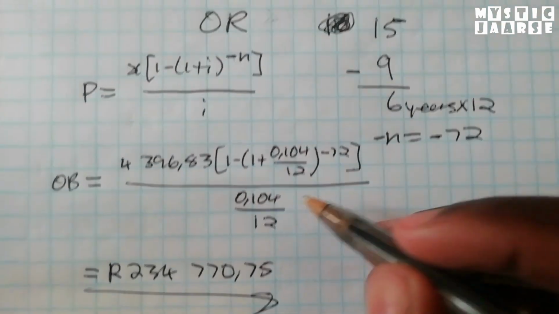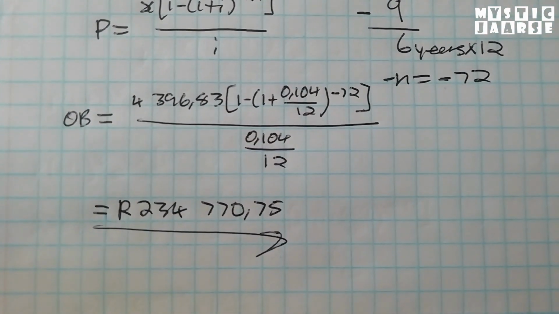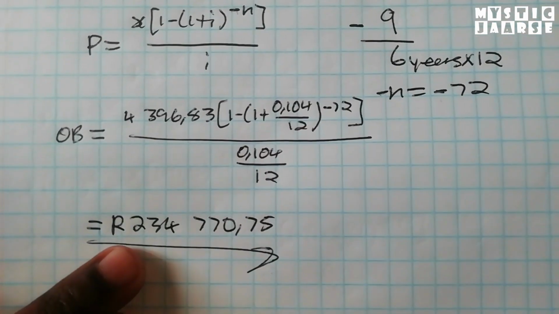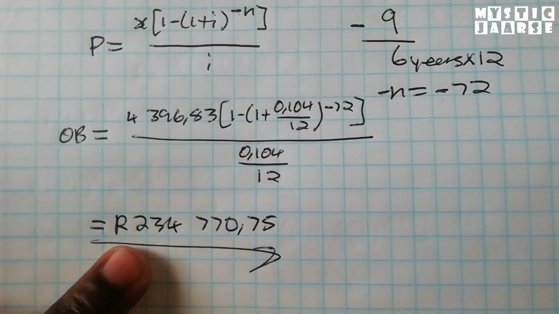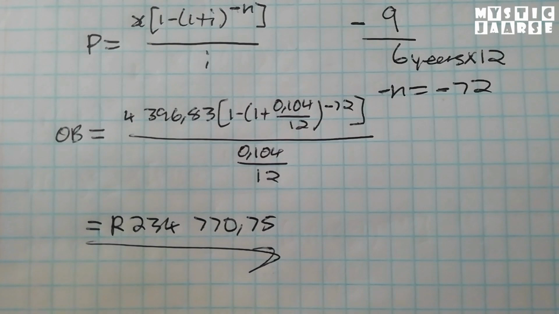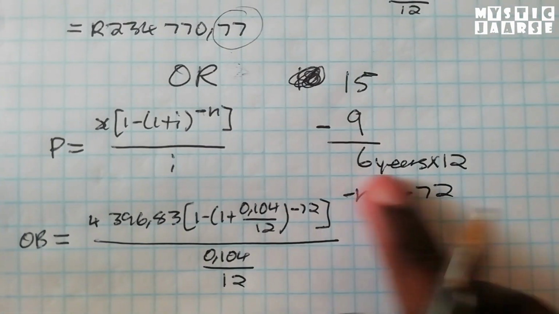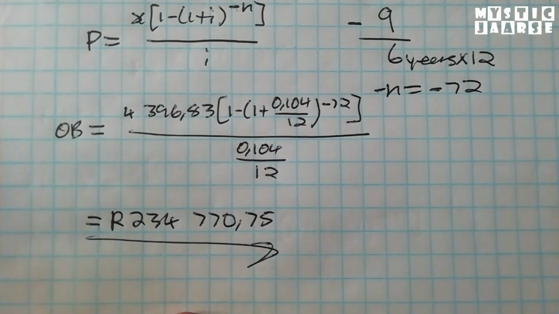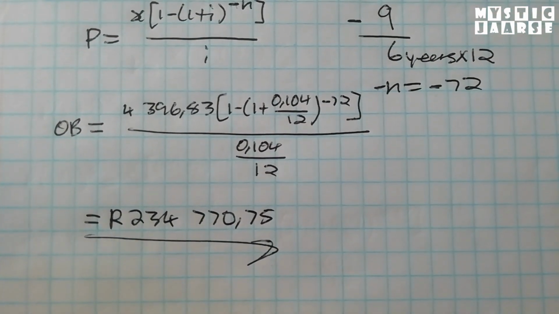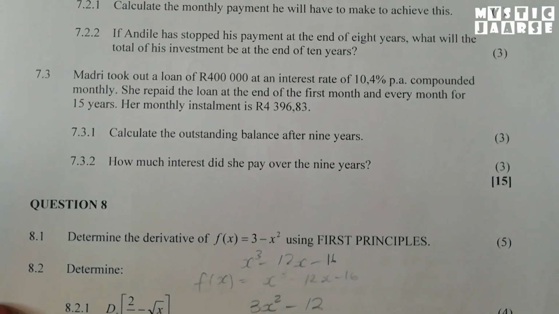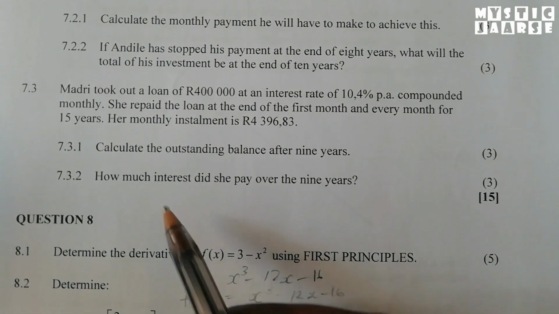You'll get it correct even if you use this formula, because on the memorandum they allocate marks for both options. This is the amount of money that Madri will be owing after just paying the loan for 9 years. So for the remaining 6 years, Madri will still have to pay 234,770 rand 75 cents.